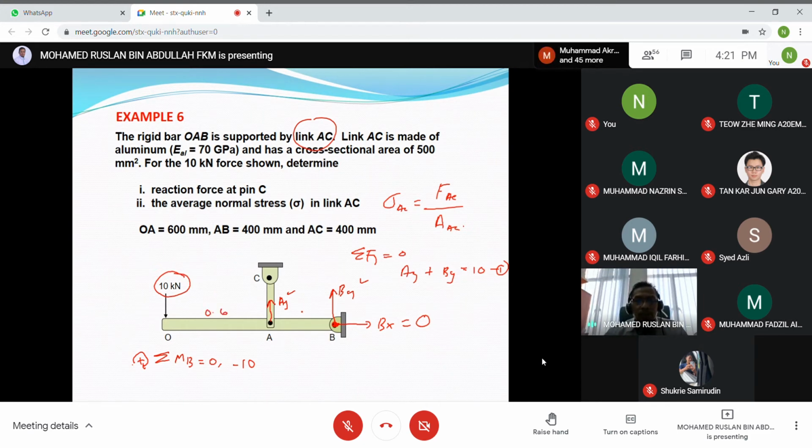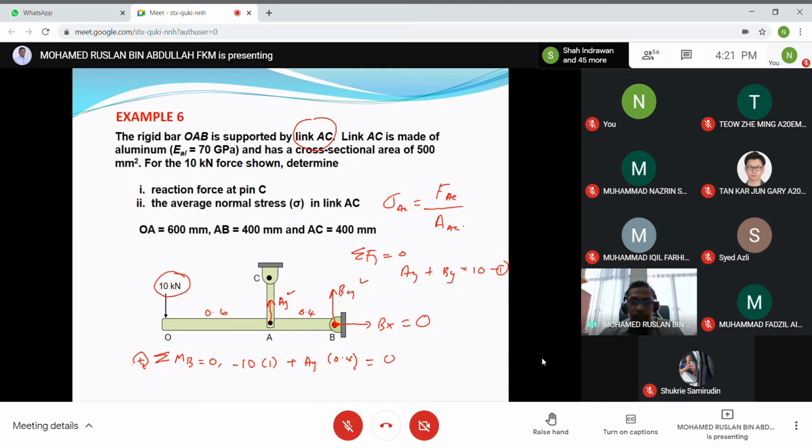AB equal to 0.4. So 10, 1 meter. And then plus AY, and the distance from B equals 0.4, which is equal to 0.